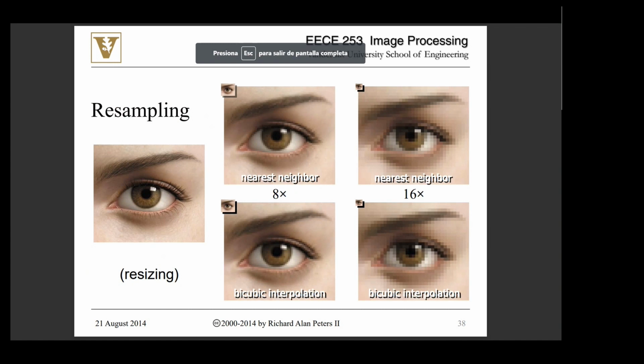So let's say that you have an image and you want to make it larger or smaller. So you are changing your pixel size, changing the sampling rate, and then we will learn how to do that, and we will learn different techniques: nearest neighbor, cubic interpolation. We will learn a few of them. Bilinear interpolation is not represented there.